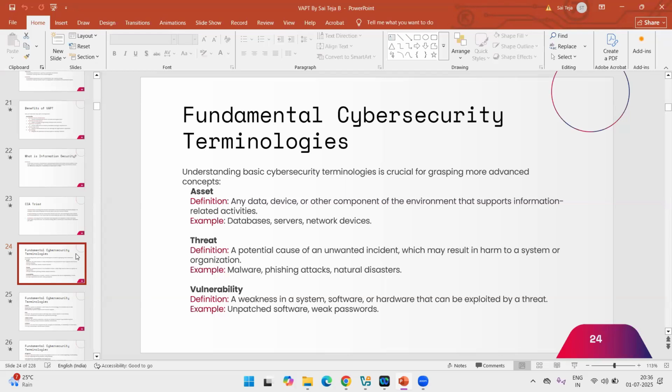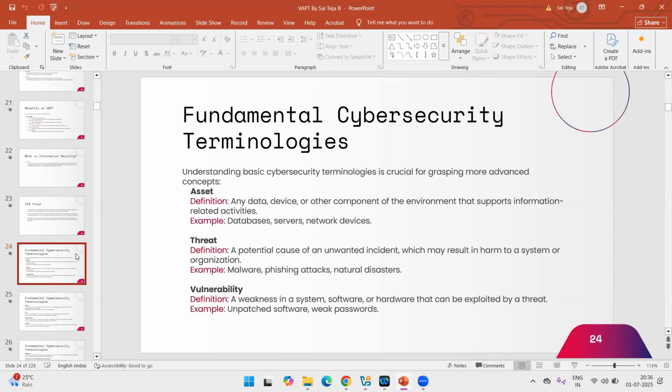Maybe let me give you an example. You're running a server, and you know that there is some availability issue in it. That is a threat.